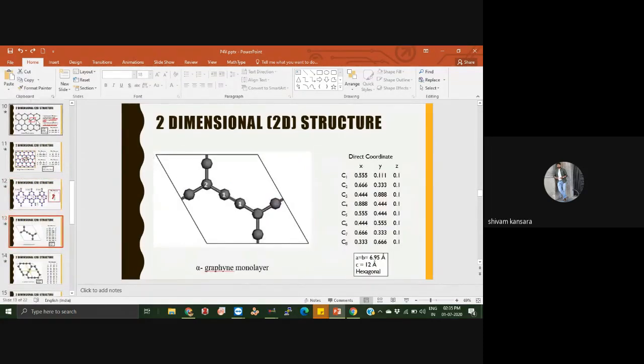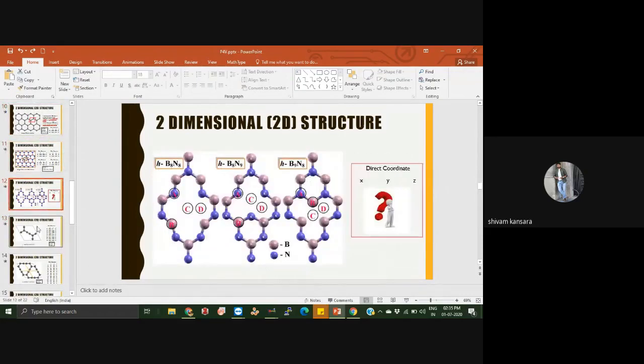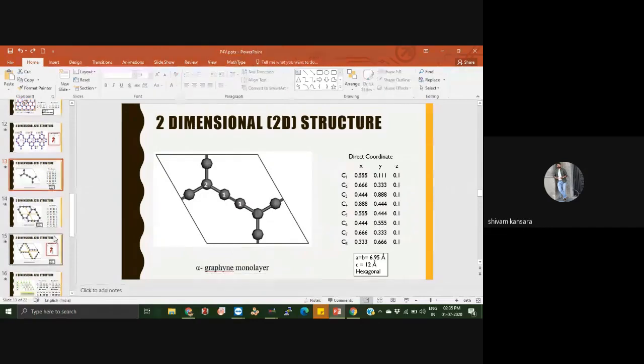Now we start from graphene and boron nitride, doped boron nitride. Now it's the turn of the most famous allotropes of graphene: alpha graphene, beta graphene, and gamma graphene. Let's start and try to understand how to make the structure of any system.